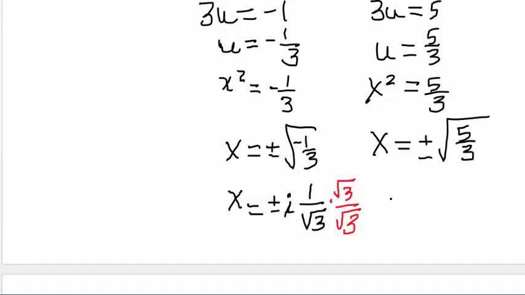Here, x is plus or minus the square root of 5 over the square root of 3. And again, I'm going to rationalize that denominator by multiplying this by square root of 3 over square root of 3.